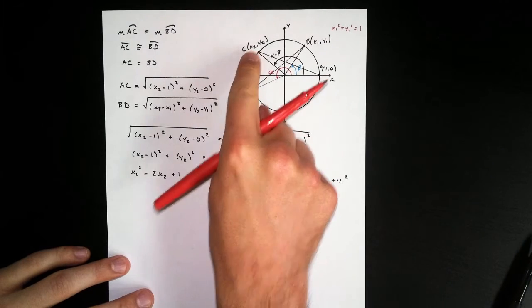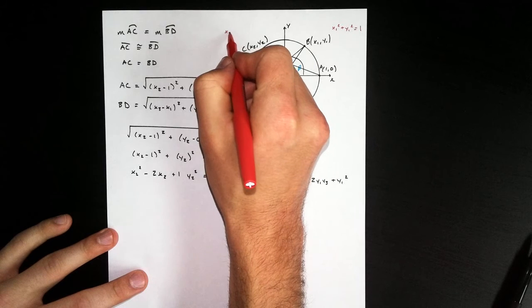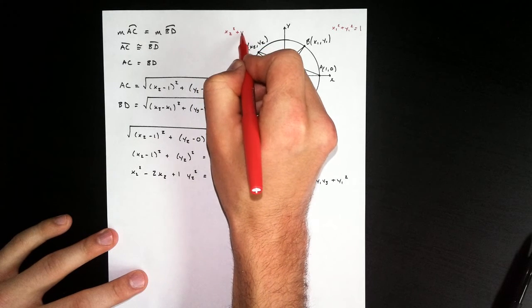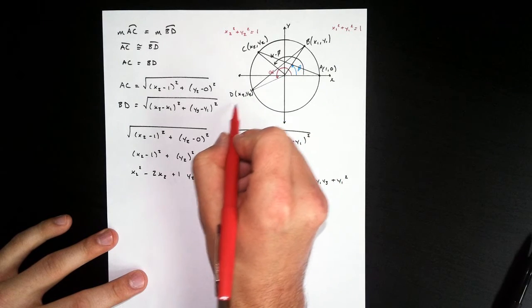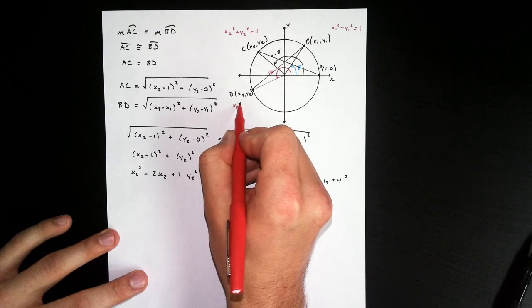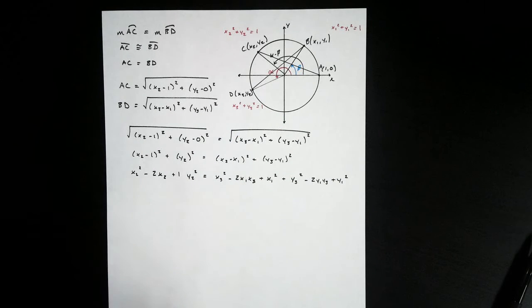And that works for all of these points. So over here, x2 squared plus y2 squared has to be the same as the radius squared. And for this point, x3 squared plus y3 squared has to be the radius squared as well.